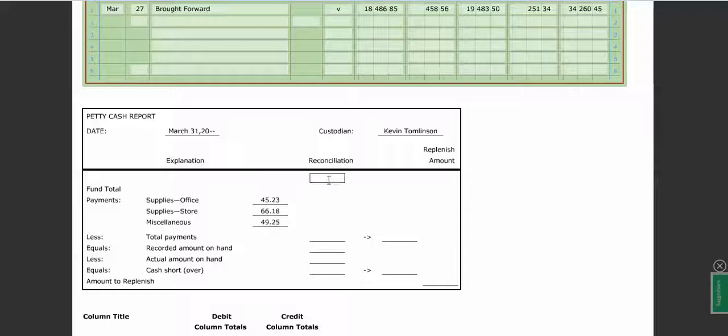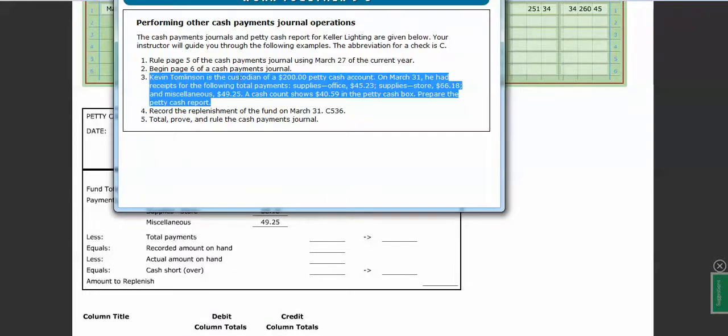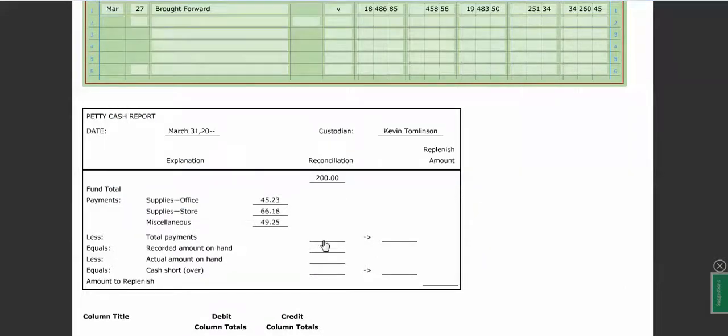I should have done this first, and I apologize, but the total fund amount was $200. We've got that in our directions, which is right up there. So the total payments in this example is going to be $160.66.